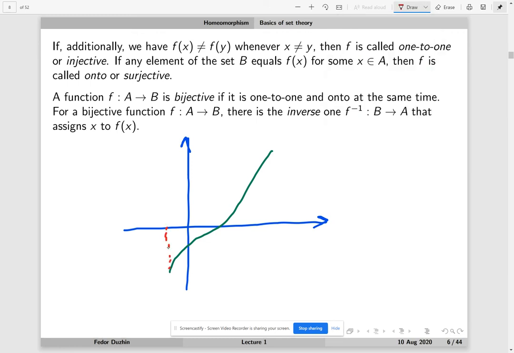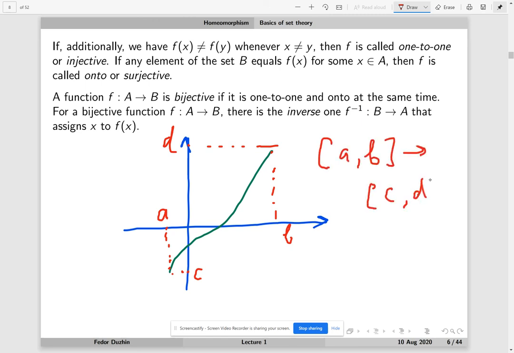So let's say this is going to be A, this is going to be B, this is going to be C, this is going to be D. So this is a bijective function from the interval AB to the interval CD.